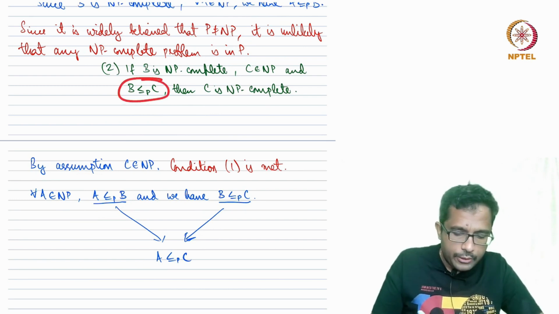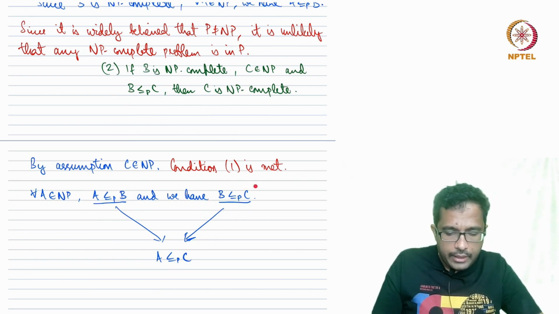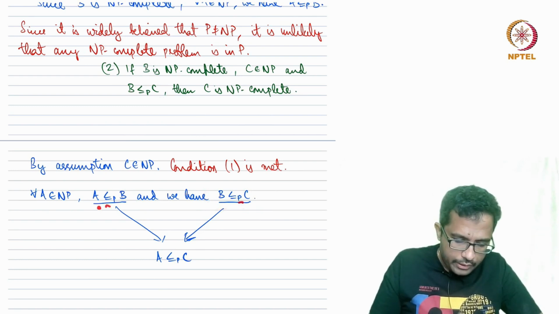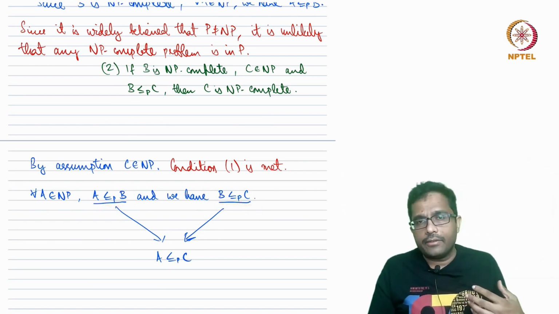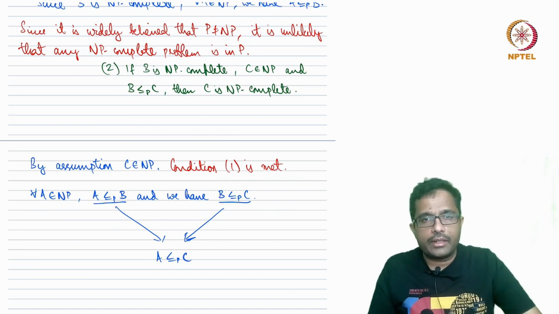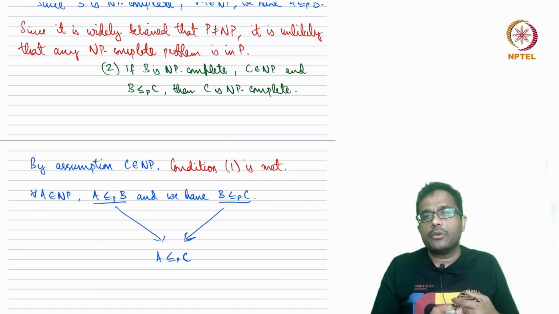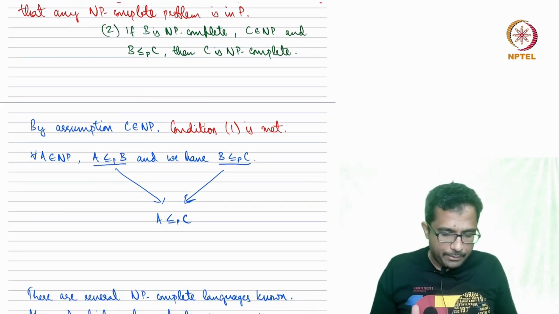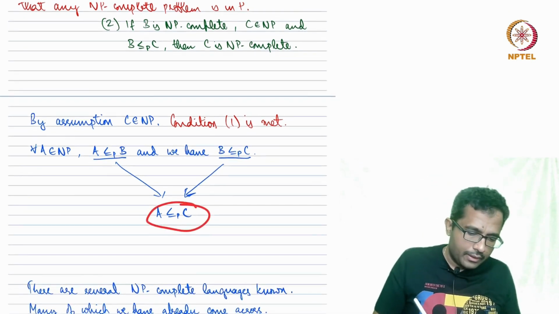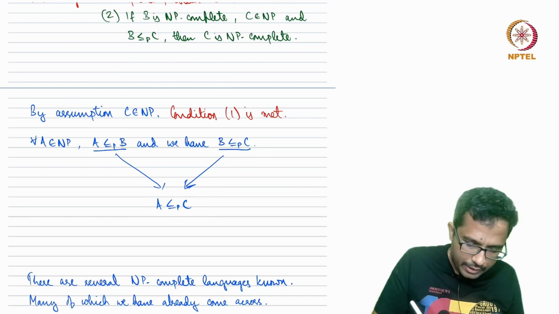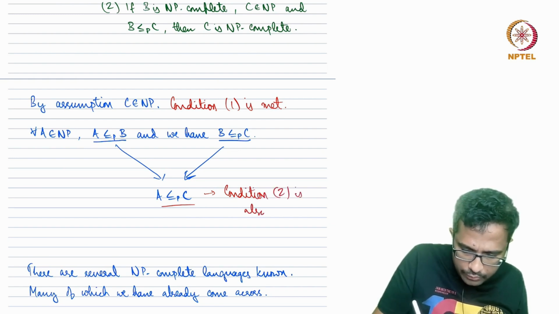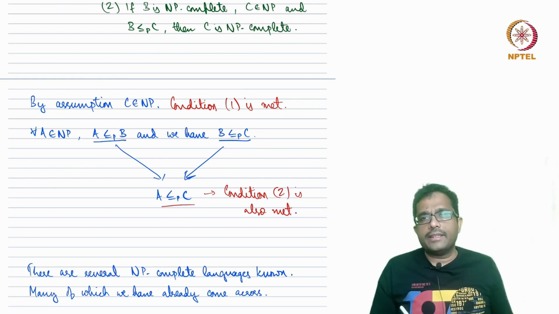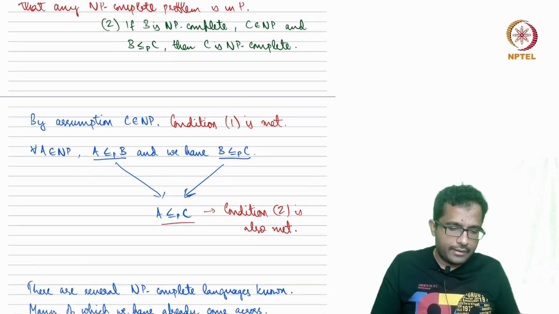And by assumption, we have B reduces to C. Now combining these two reductions, A reduces to B and B reduces to C. Last lecture we talked about the transitivity of reductions: if A reduces to B and B reduces to C, you can compose these reduction functions to obtain a reduction from A to C. This implies that A reduces to C. So condition 2 is also met. These are the two conditions for C to be NP complete, and thus C is NP complete.